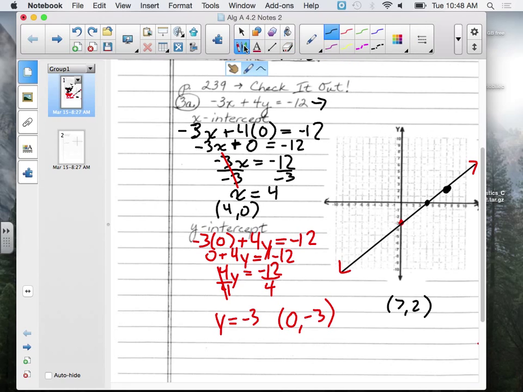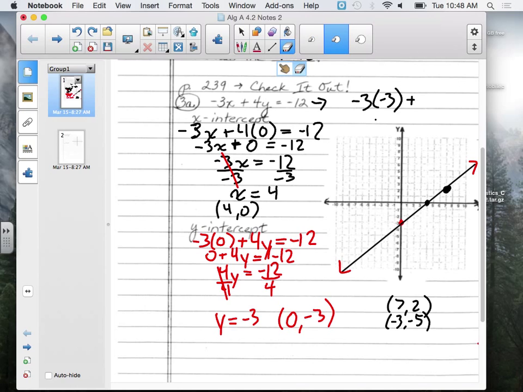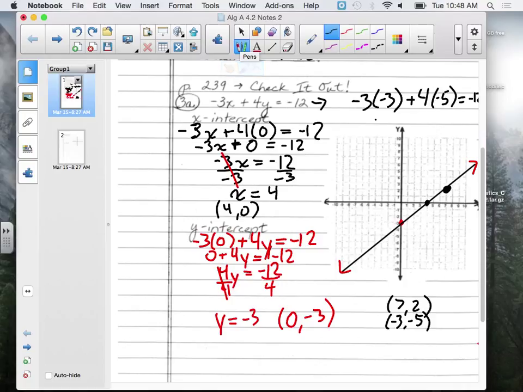So let's try -3, -5. So -3 times -3, positive 9, plus 4 times -5, which is -20, equals -12? 9 minus 20 is -11.